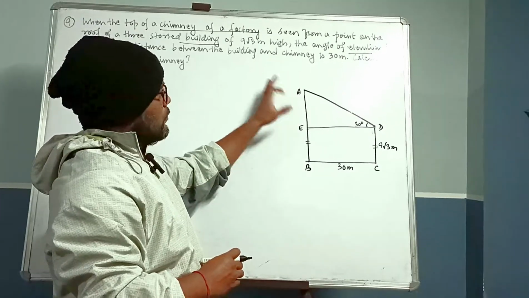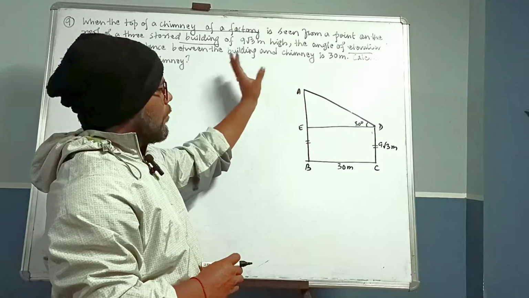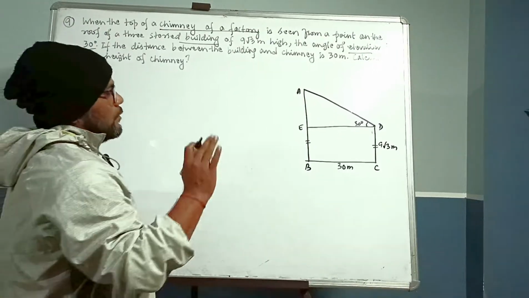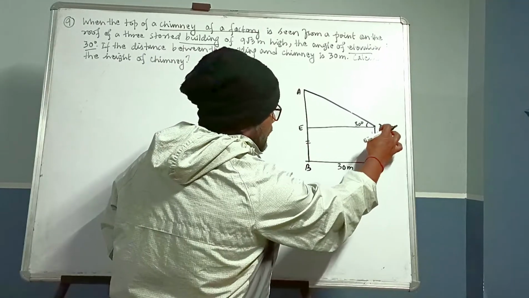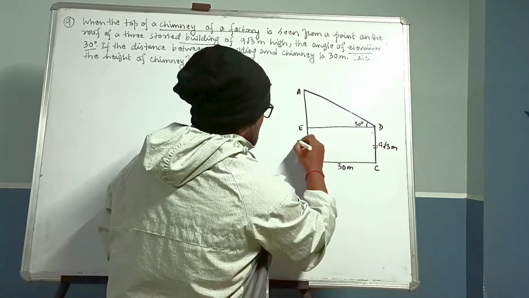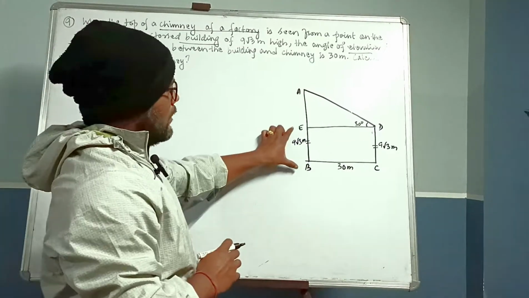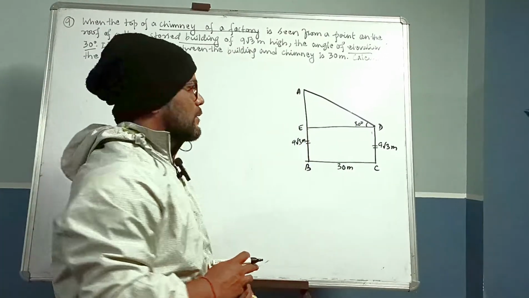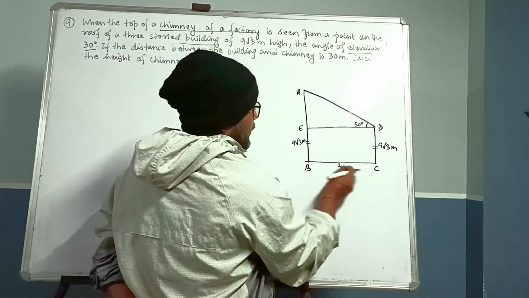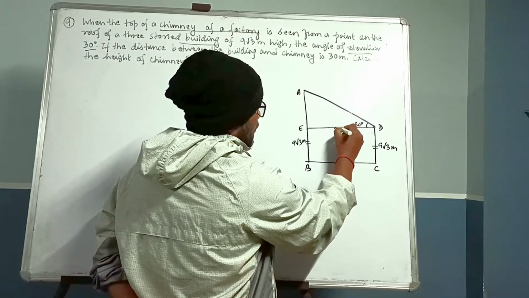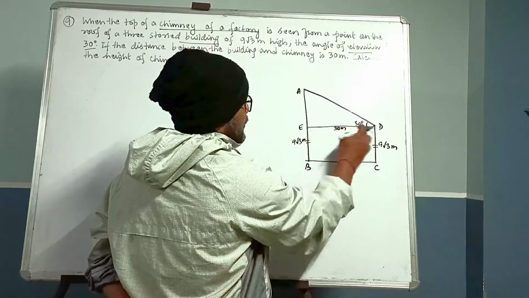Okay, so this was the diagram as per the question. It's very simple. Now just see here. If the value of CD is 9 root 3 meters, that means the value of EB will also become 9 root 3 meters because these two are parallel lines. So if the value of BC is 30 meters, then the value of ED is also 30 meters.